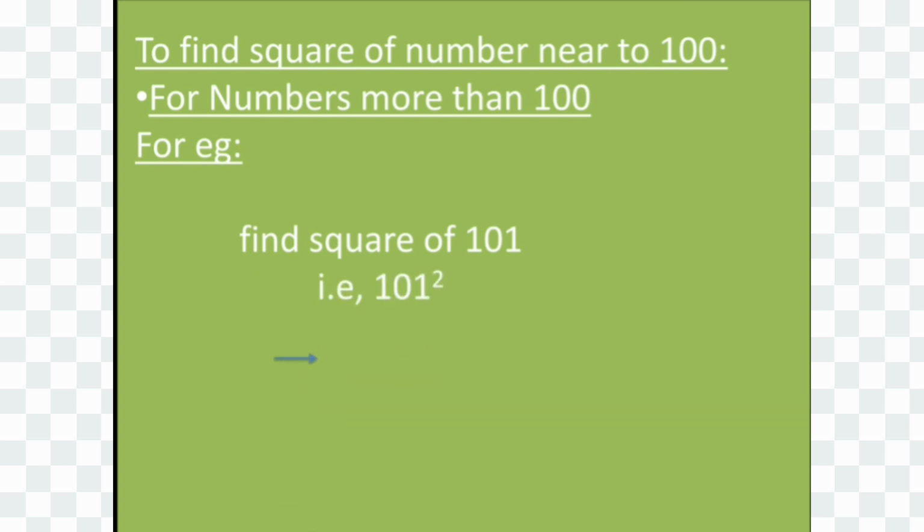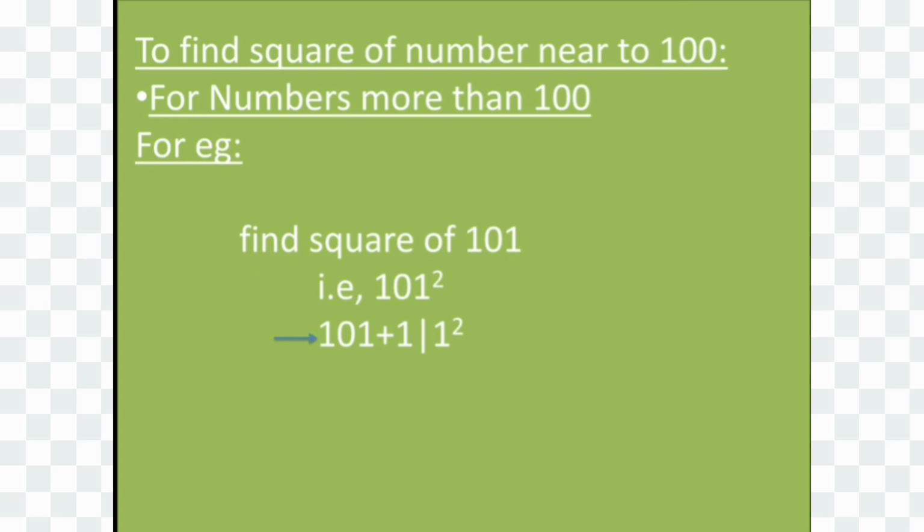101 square is equals to 101 plus 1 square. Okay. Here 101 is 1 more than 100. So we have to add 1 to this number.